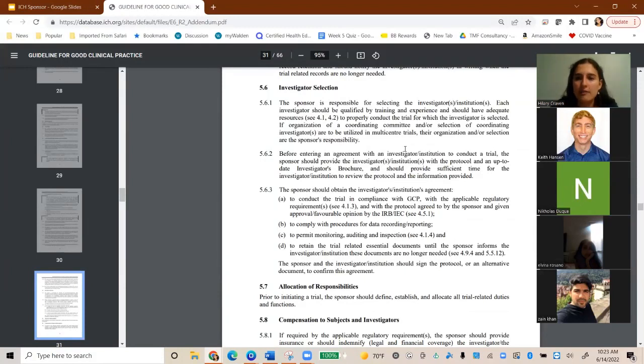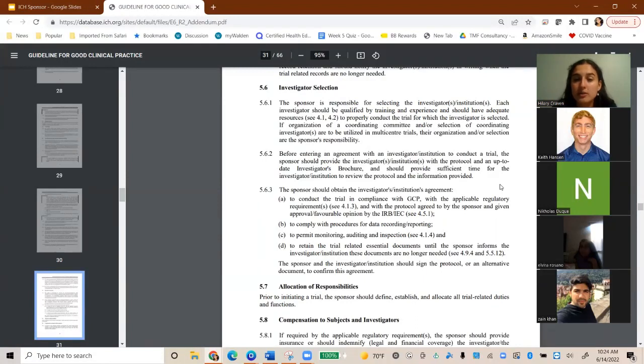And then you have an agreement, and the sponsor needs to provide the investigator institution with the protocol and the investigator's brochure, right? So we've talked about those two documents, and feel free to look in the glossary or look at the other videos. It's good for you to understand what all these documents are, right?